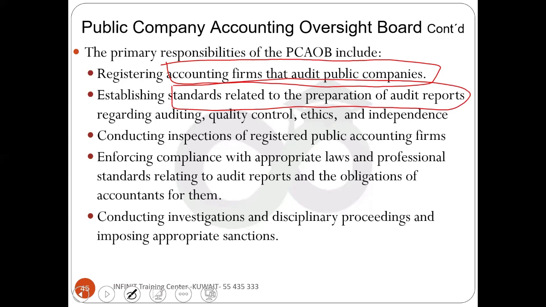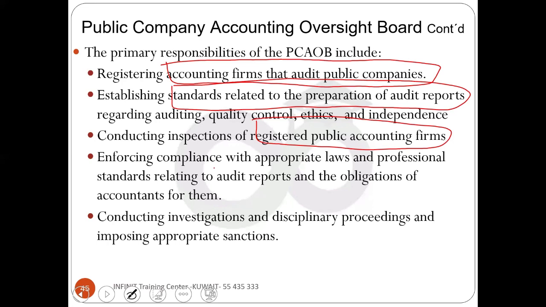So we have a lot of standards, and these will be prepared by PCAOB. And conducting inspections of registered public accounting firms. The audit companies, the public accounting firms, will be inspected by this board.